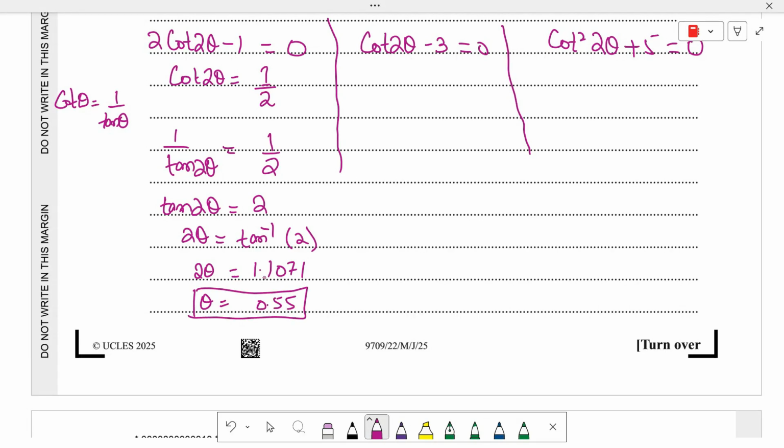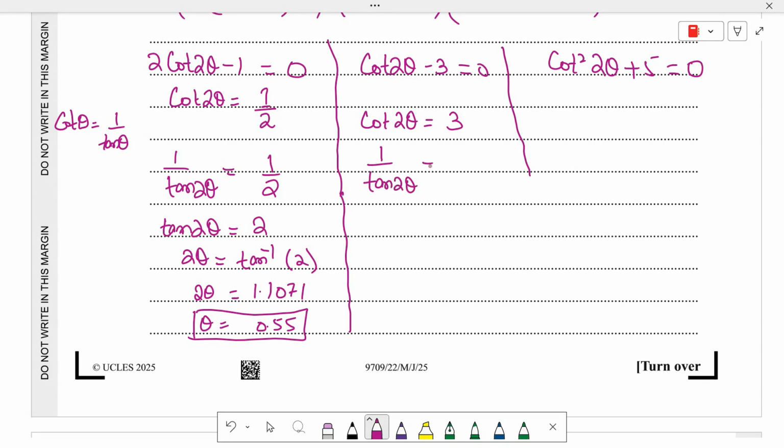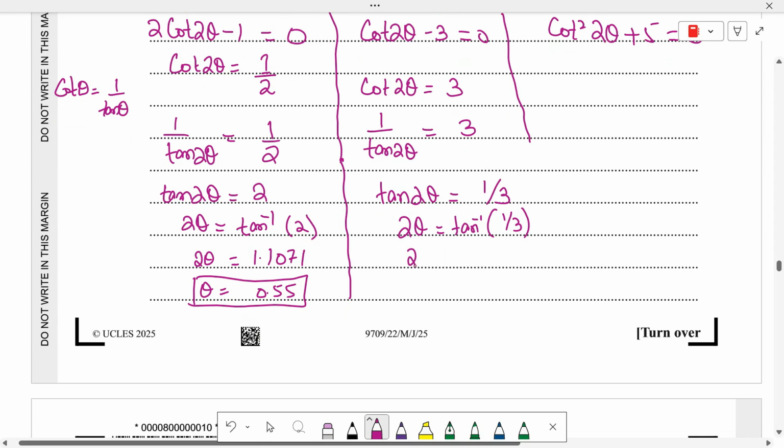On the other side, when we solve the second factor, we have cot 2 theta equal to 3, so 1 over tangent 2 theta is equal to 3, and tangent 2 theta is equal to 1 over 3, and 2 theta is equal to tangent inverse of 1 over 3. When we use a calculator, we will have 0.3217, and theta will be equal to 0.162.